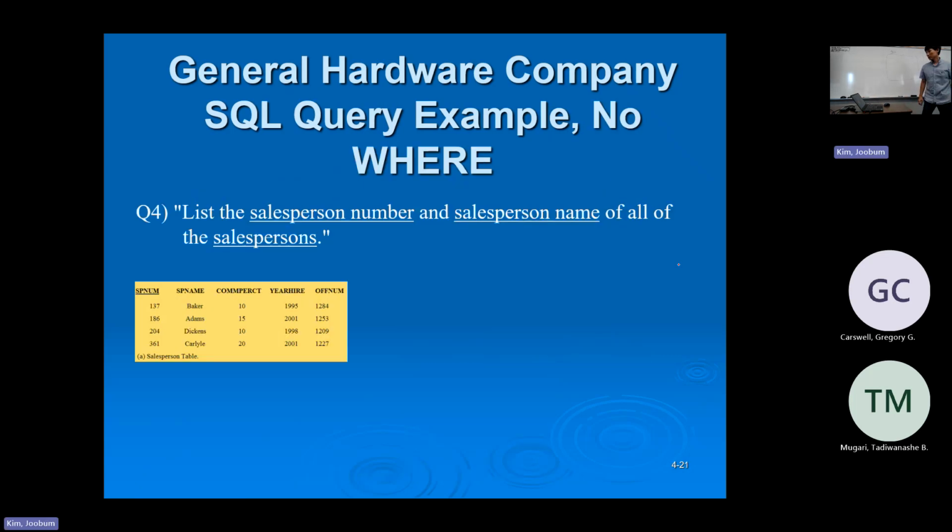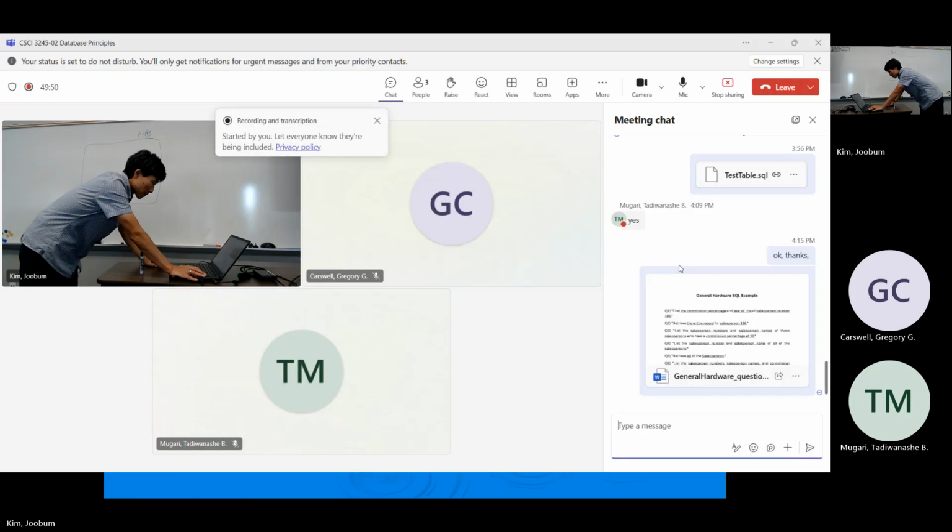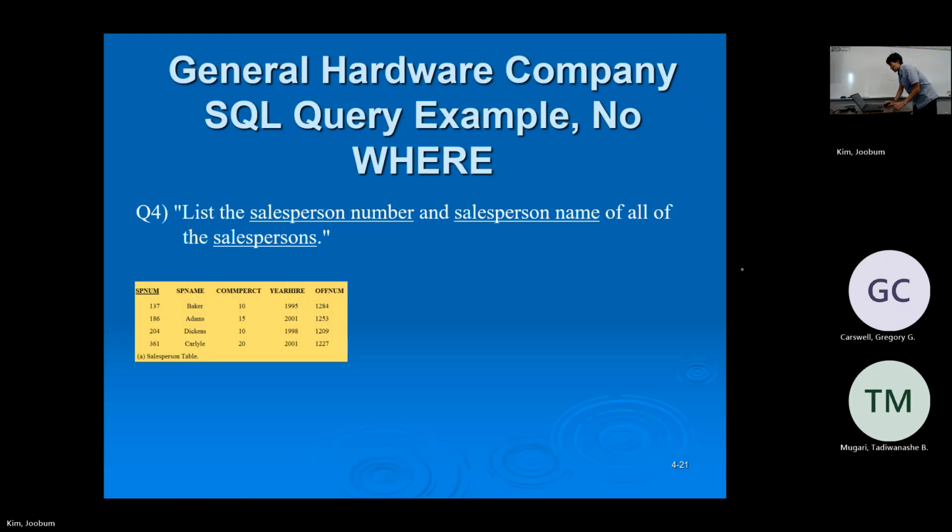How about this one? List the salesperson number and salesperson name of all of the salespersons. Is it too fast?